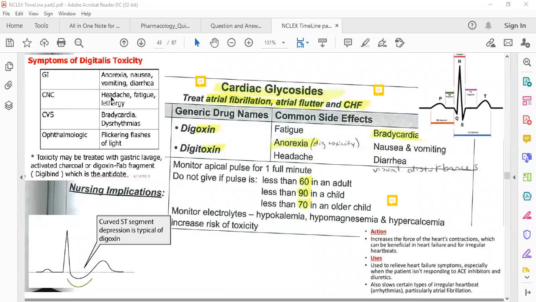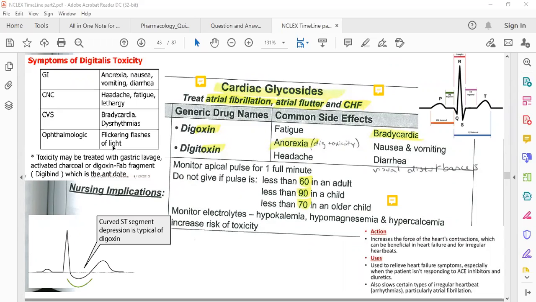Patient complains of headache, fatigue, and lethargy. In the cardiovascular system, we see bradycardia or dysrhythmias. Ophthalmic, we can see flashes of light or the client will see yellow spots.